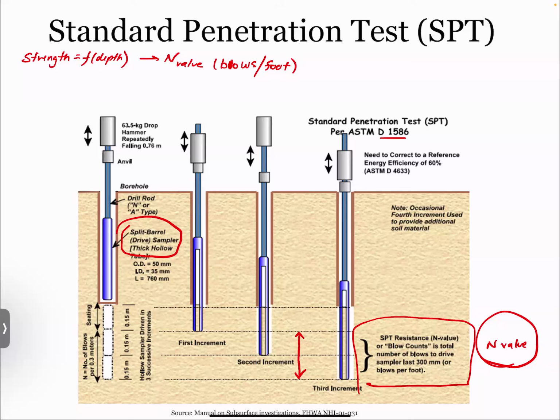So we still write that down because it's important for the driller and the geotechs to know it. But for the end value, we take out that first 6 inches and only care about the last foot, because this is what we're assuming is going to be natural soil. So that's that N value, blows per foot.